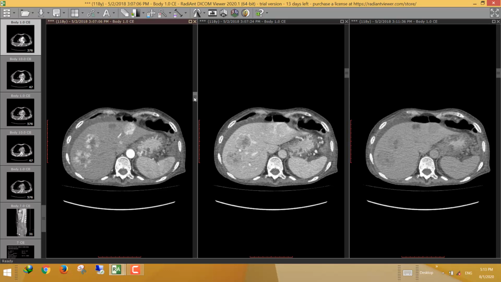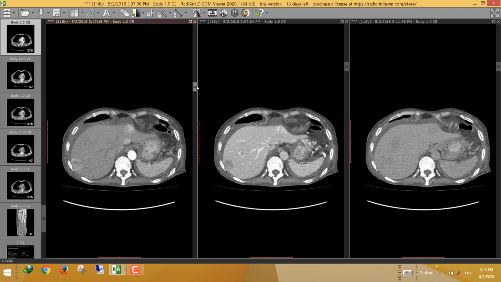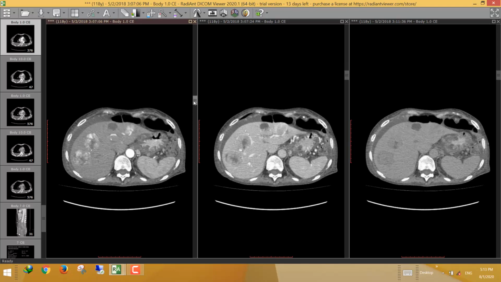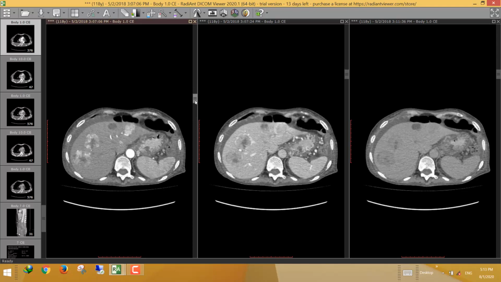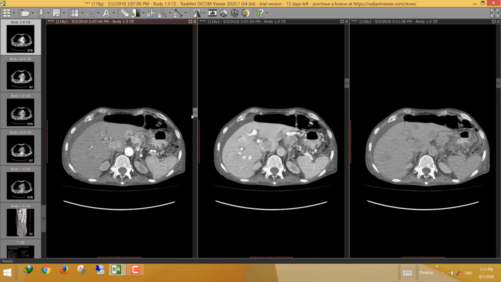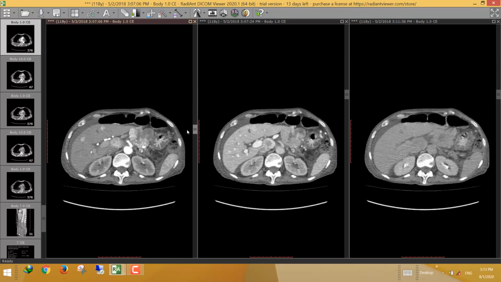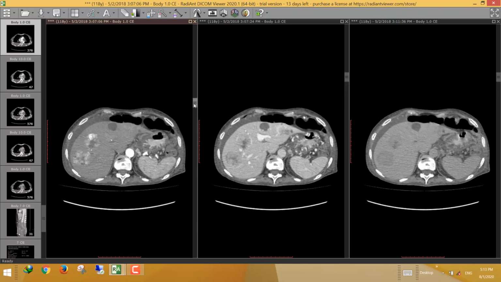Also, the other reason that makes us not so confident in describing these lesions as HCC is the multiplicity of such lesions. The multiplicity of such lesions in a non-cirrhotic liver may raise the possibility of the metastatic nature of such lesions.